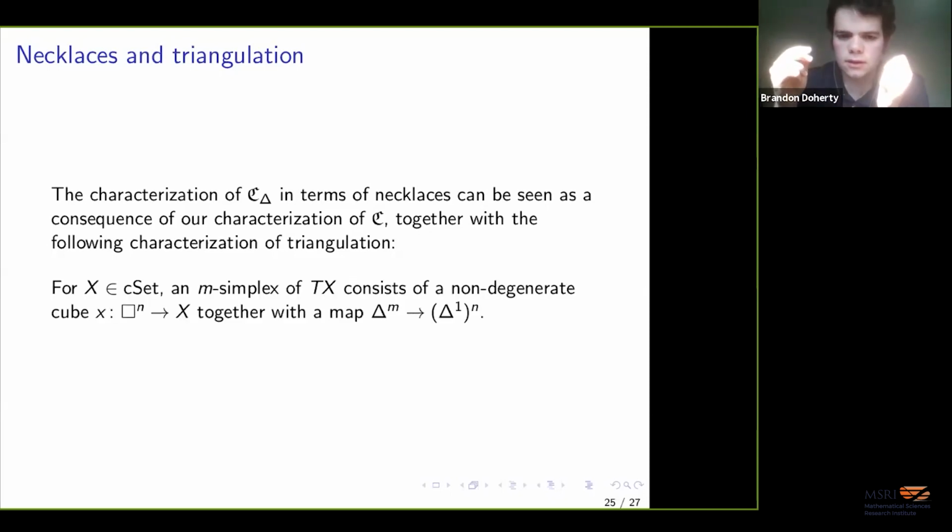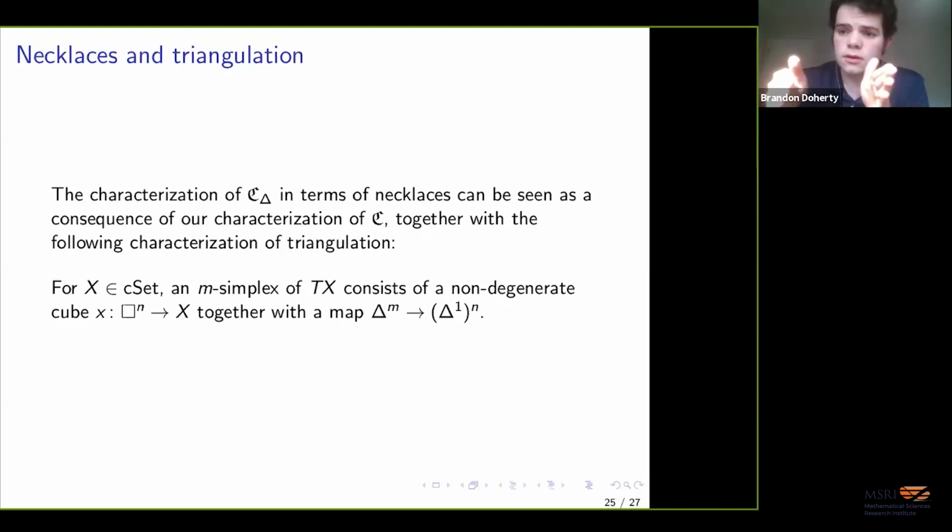So if you have a cubical set X, then you can view the m-simplices in the triangulation of X as consisting of a non-degenerate cube of X of some dimension n, together with a map from delta m into delta 1 to the n, where m is the dimension of this simplex.